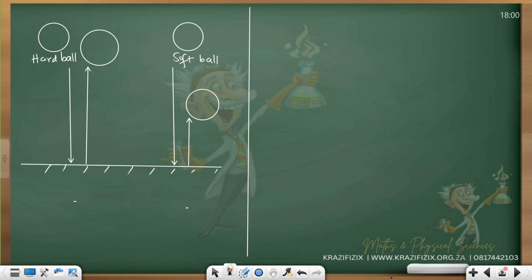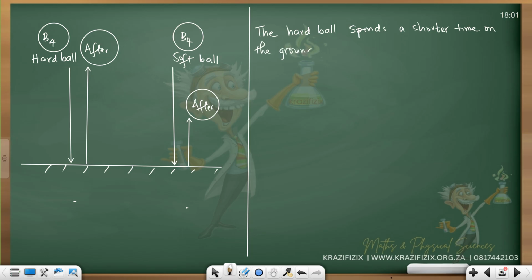The question is, why? Can we explain this? Why? The hard ball spends a shorter time on the ground than the soft ball.